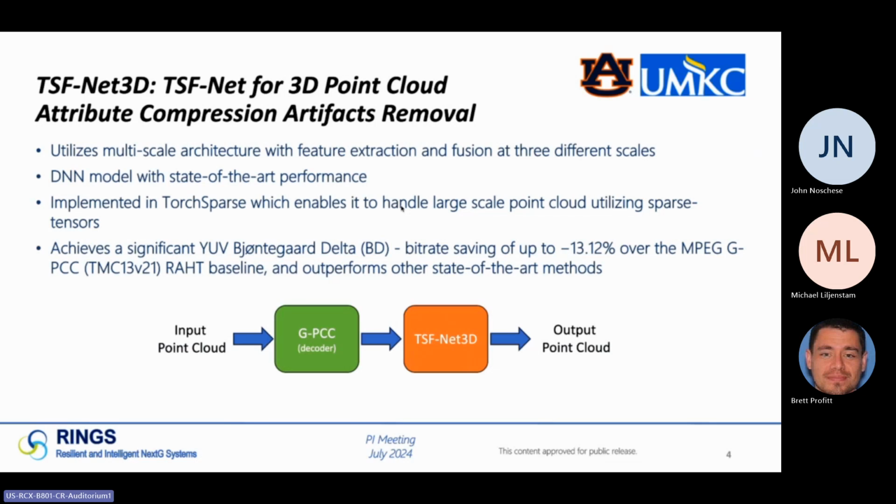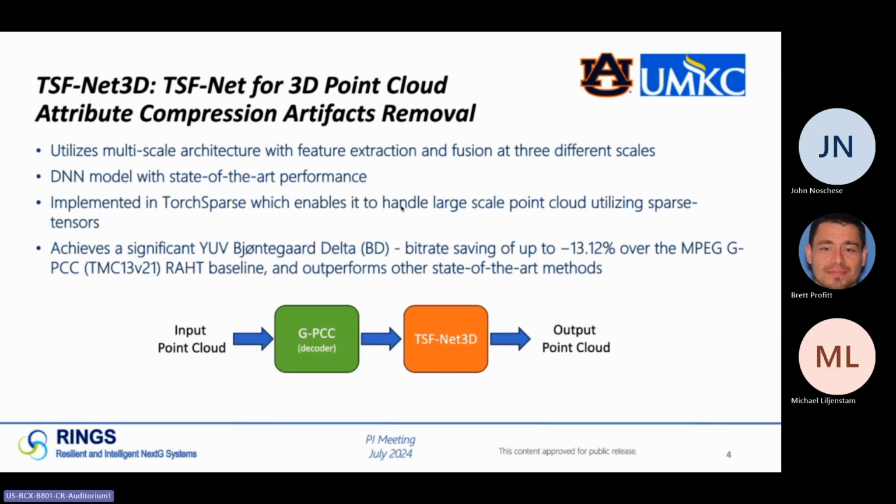So the idea is to use this, let me see, a Torch sparse based system, so that it can handle very sparse tensors, okay, sparse point clouds. We implemented this and compared the performance with the MPEG standard component.